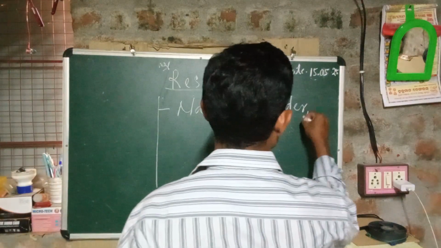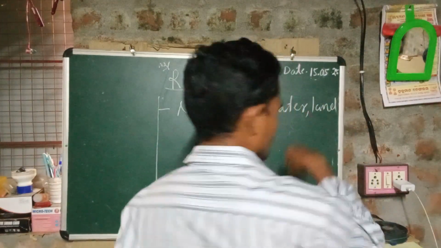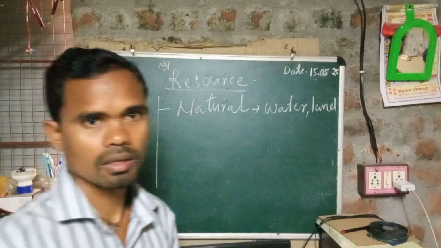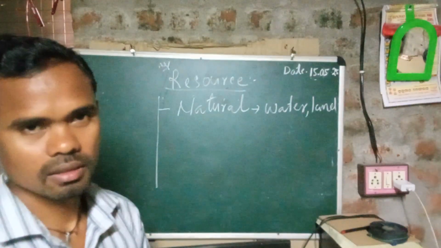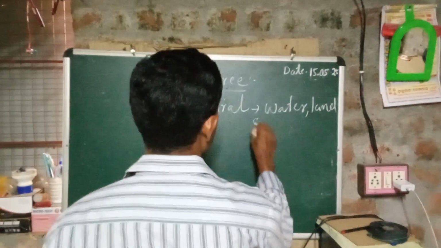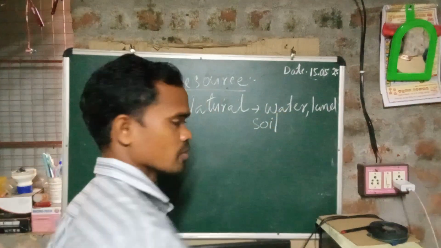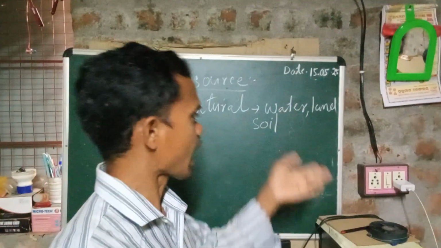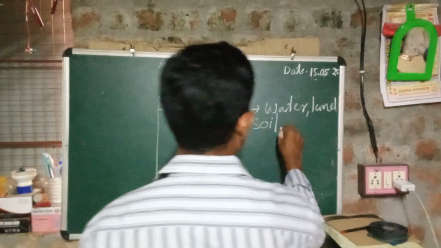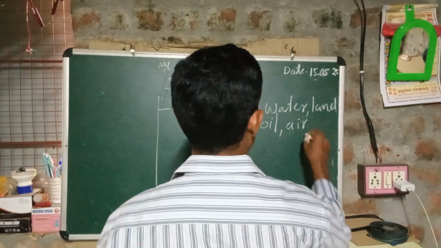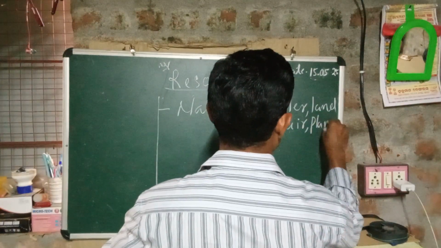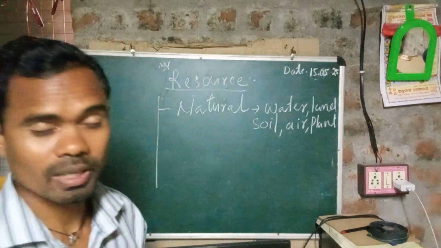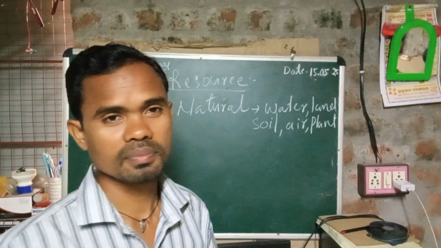Land. We cannot make land. Soil. It's already there. Water, land, soil, air, plants. We cannot make plants, but we can plant a plant.